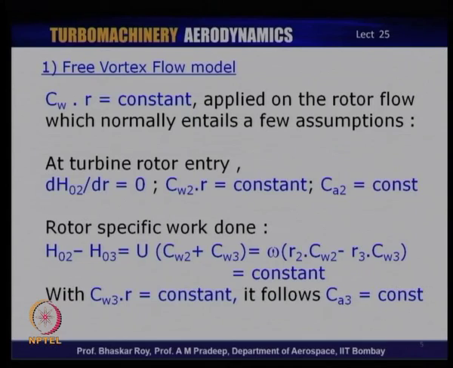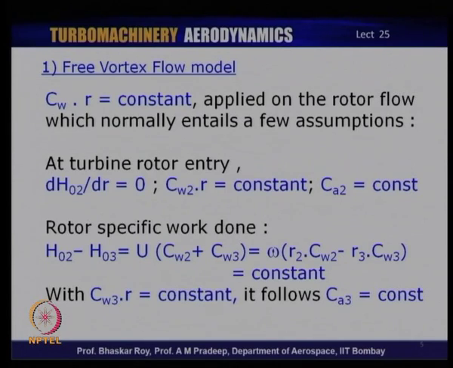That is the important consideration, because the rotor flow is the more complex flow, and then of course CW is constant from root to tip. CA2 is constant from root to tip, that is the axial velocity. So, these three are the regular normal assumptions, if you remember, for the free vortex law.